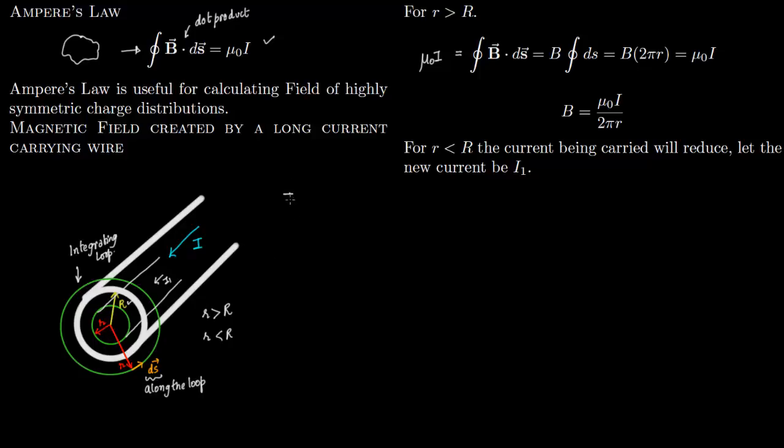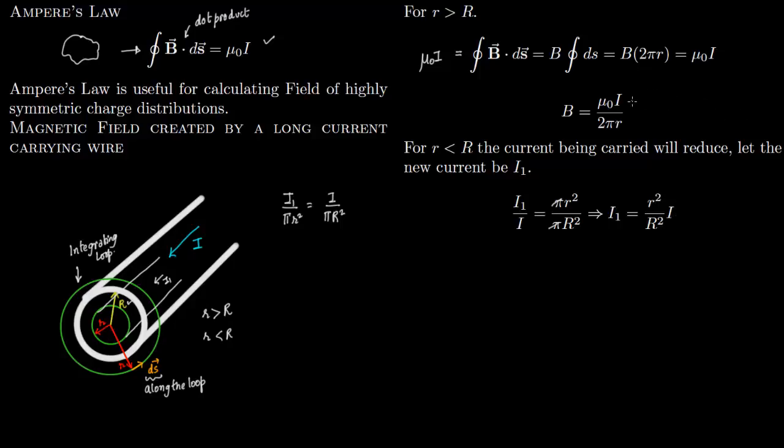So current density means I1 over pi r squared is equal to I over pi R squared, where capital R is the radius of the wire. We rearrange this and get I1 over I is equal to pi r squared over pi capital R squared. You cancel pi out and we get I1 is r squared over capital R squared times I.